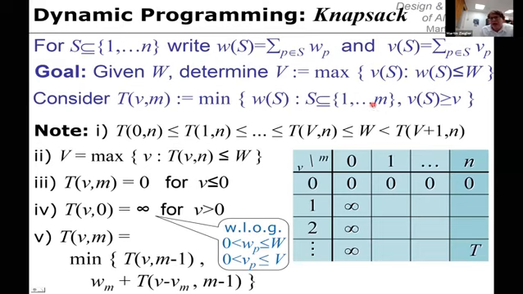Either this M plus first packet is part of the optimal solution, or it's not. If it's not, then we can just copy the entry from the previous column, because then we can simply discard it, and we're back in the case where we've only considered the previous packets.